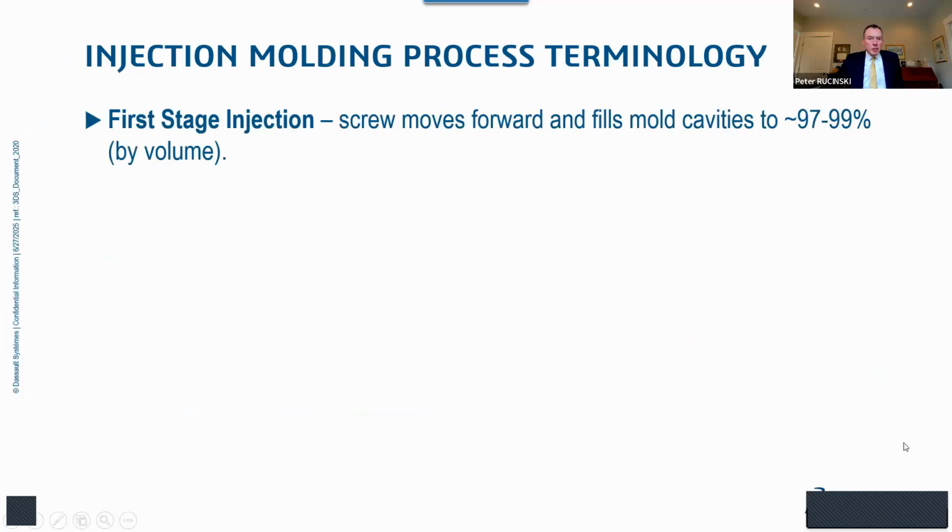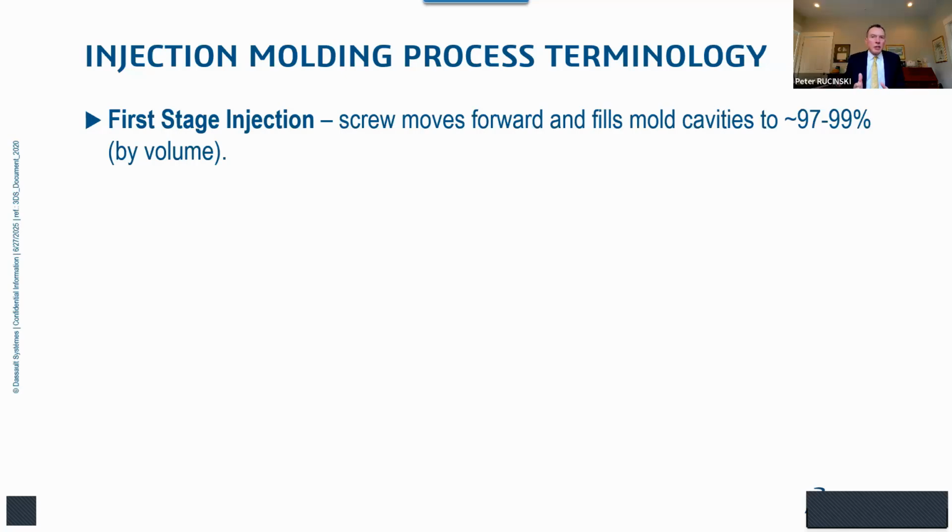Some injection molding process terminology that we use in the plastics industry. This is kind of injection molding theory 101. Once the melted plastic is ready to inject into the mold, the first thing that happens is what we call first stage injection. So the screw of the injection molding machine moves forward, fills the mold cavities, typically to about 97 or 98% of their volumetric capacity.